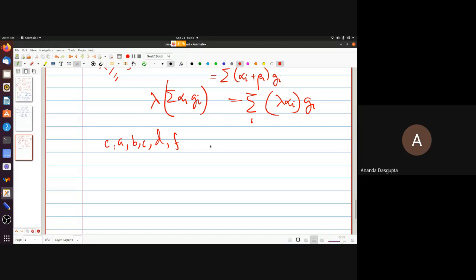So what is the general element for this? The general element will be mu1 E plus mu2 A plus mu3 B plus mu4 C plus mu5 D plus mu6 F.